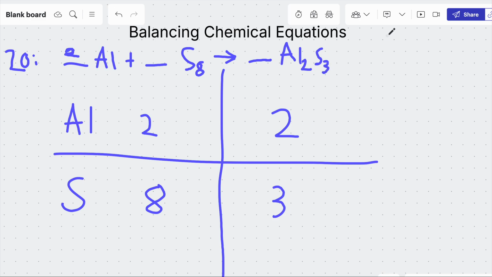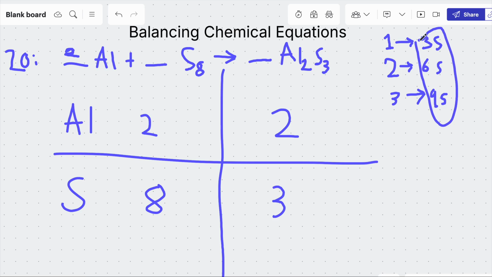So if we have 1 AL2S3, that's going to give us 3 S's. If we have 2, it's going to give us 6 S's. If we have 3, that's going to give us 9 S's. In all of these cases, that does not equal 8.